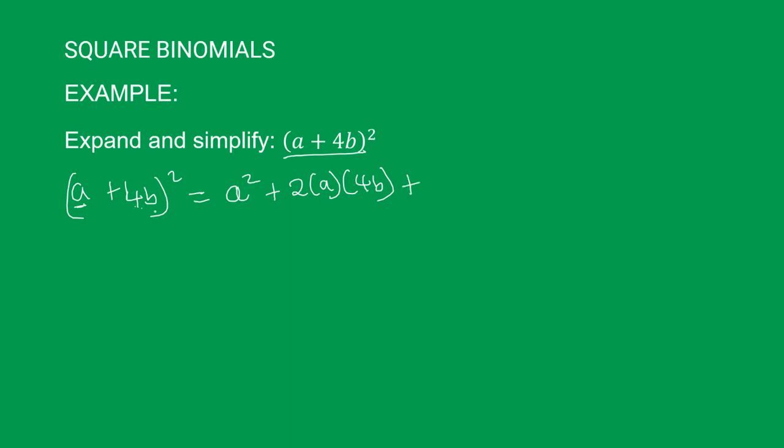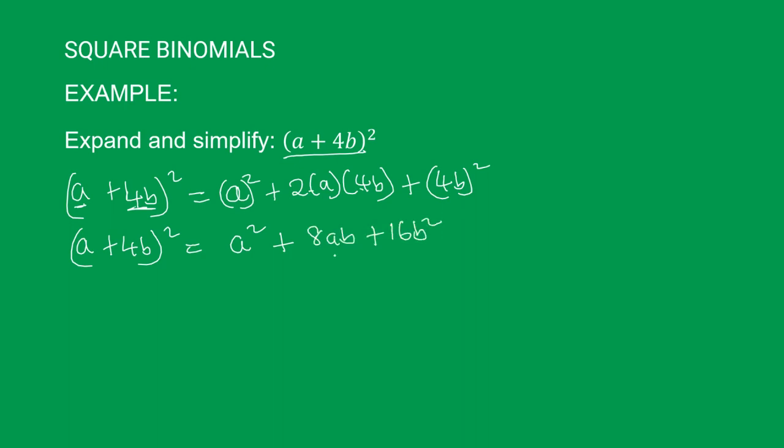And then the last term, we square our second term, (4b) squared. Let's put everything in brackets so that we don't make mistakes. So (a + 4b) squared is equal to a squared plus 8ab plus 16b squared. So we've expanded the square binomial.